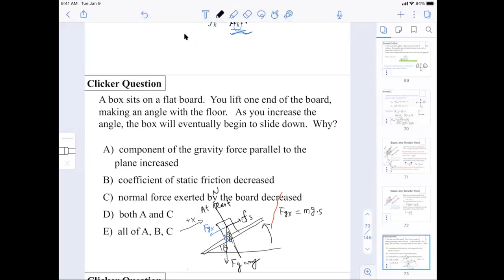Sine. Sine theta, very good. And as theta increases, does sine theta increase or decrease? So let's say theta increases from 30 degrees to 60 degrees. Is sine theta increasing as well?